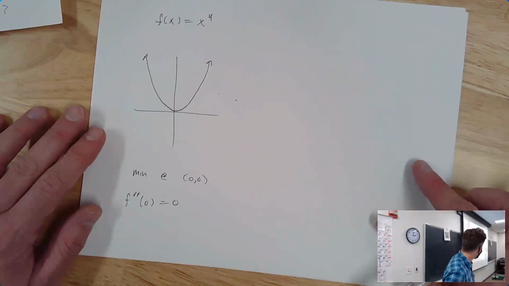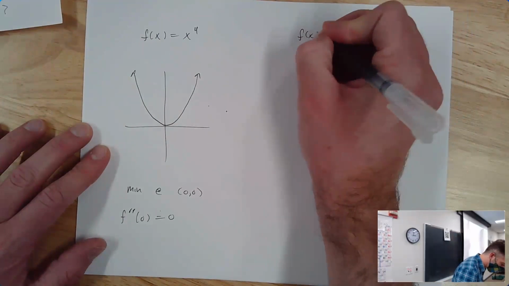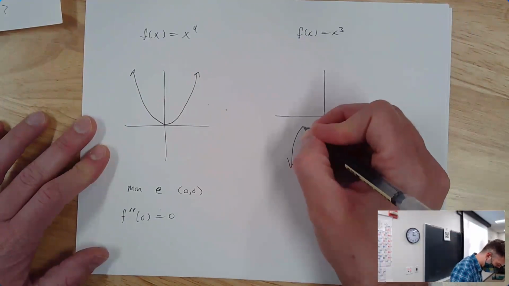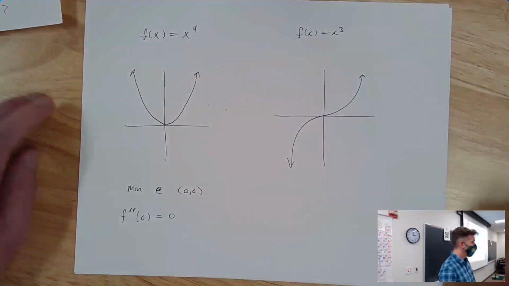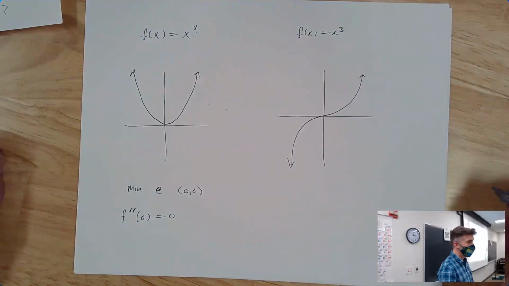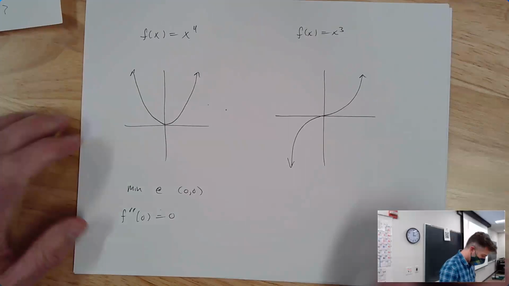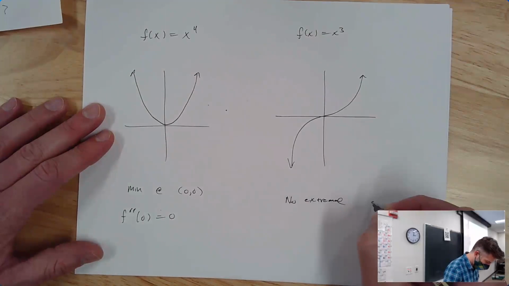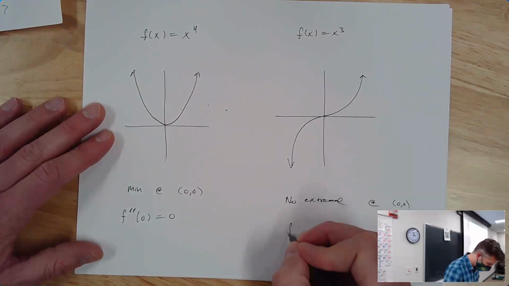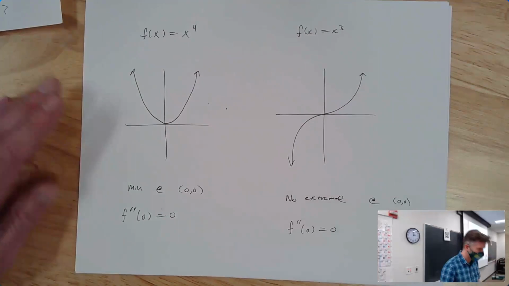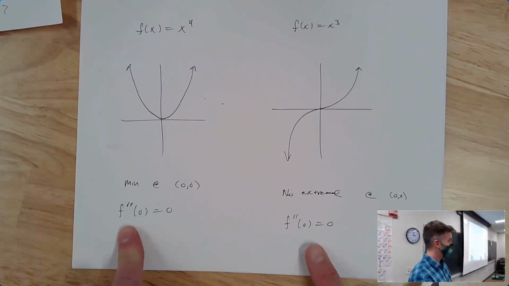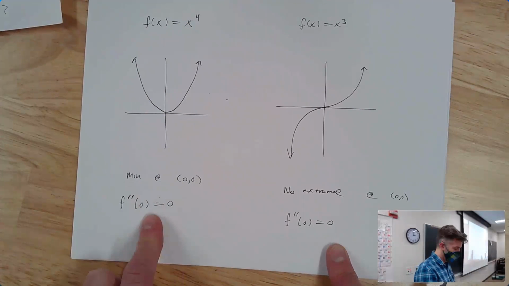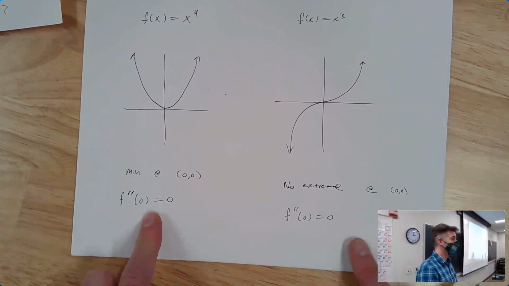On the other hand, this function does not have a minimum at 0 or a maximum. It has an inflection point there, no extrema at 0, 0, but this one still has a second derivative at 0 that's equal to 0. So if your second derivative at a critical point is equal to 0, it's inconclusive. You might have a minimum, you might have an inflection point, you might have a maximum, you don't know.